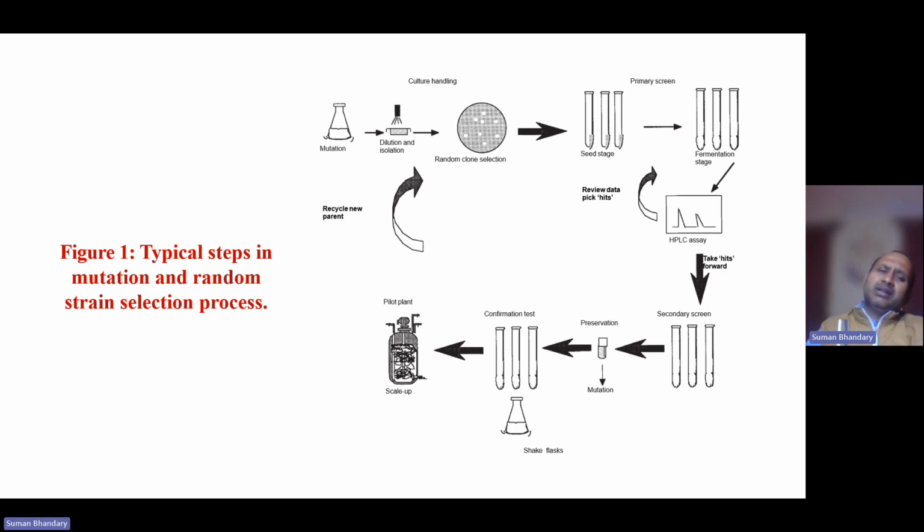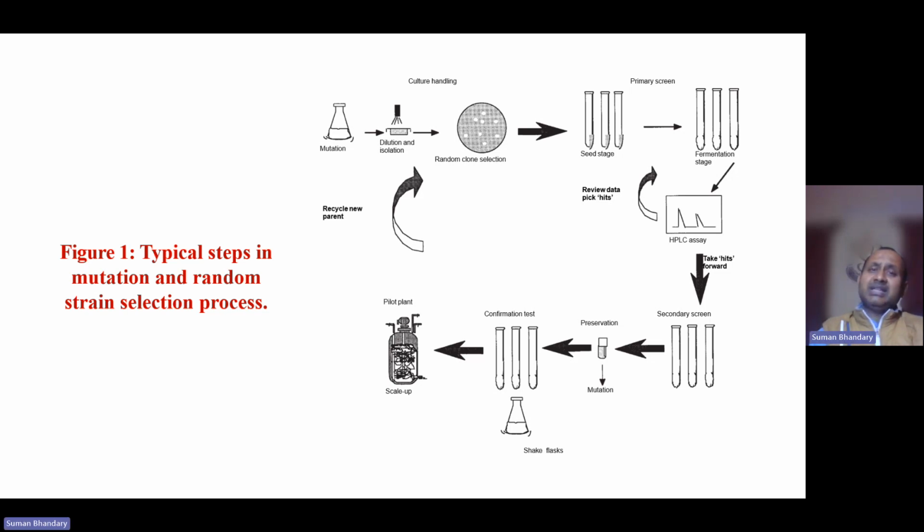Later on, you can screen this using sophisticated techniques like mass spectrometry or high pressure liquid chromatography, which can be used for secondary screening, to see whether mutation has occurred or not. But initially, as we have already mentioned, Penicillium notatum produces penicillin in static condition, not in stirred condition.